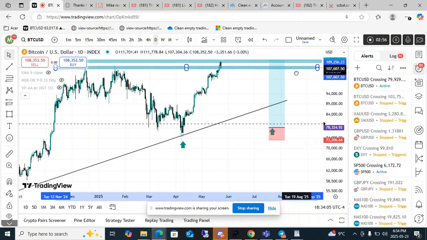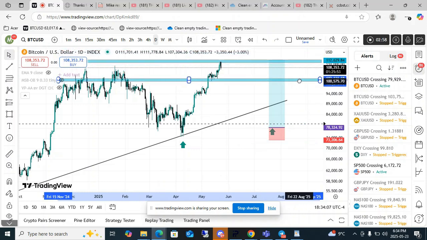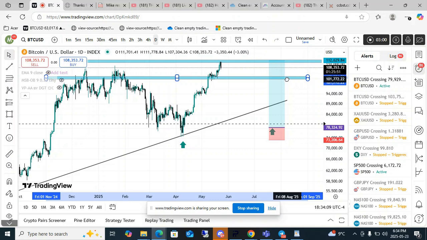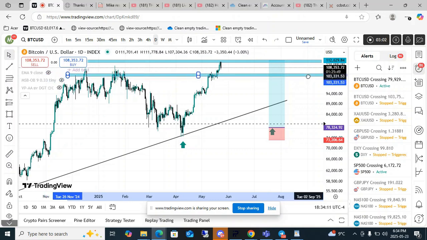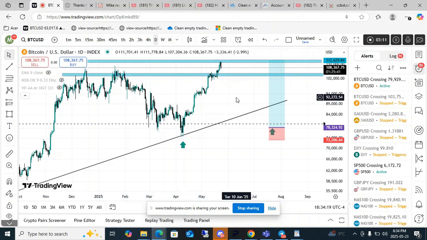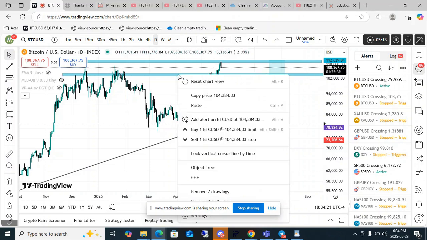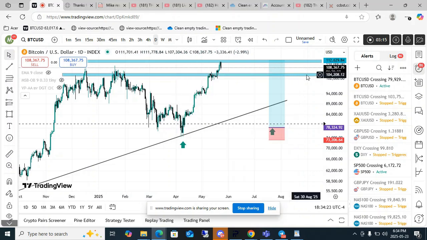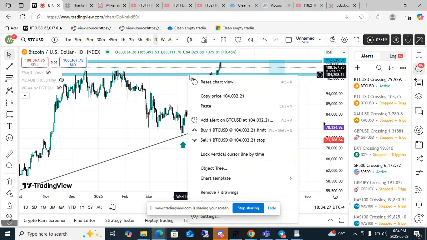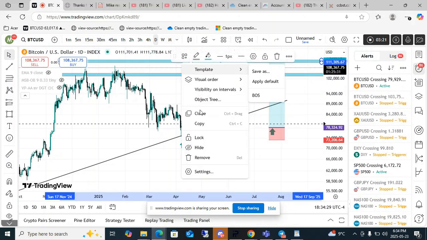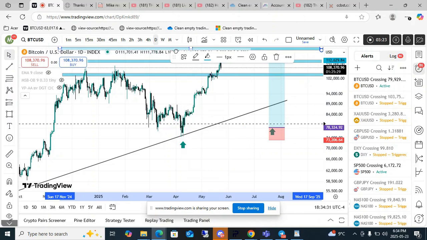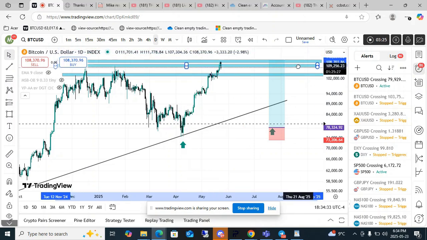All right, so I look for another zone. My next zone is gonna be here where there is a pullback. So I clone another one and put it here.